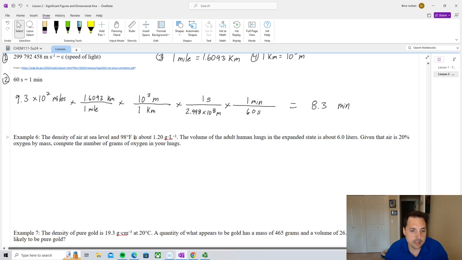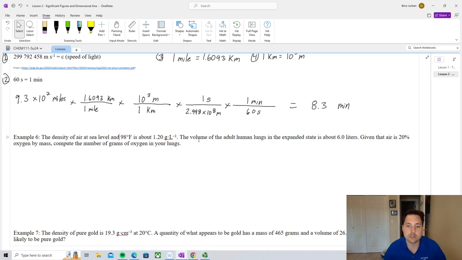And this is the density at 98 degrees Fahrenheit. The volume of the adult human lungs in the expanded state is about 6.0 liters. So we can have 6.0 liters of air in our lungs. And then given that air is about 20% oxygen by mass, what's the number of grams of oxygen in our lungs?